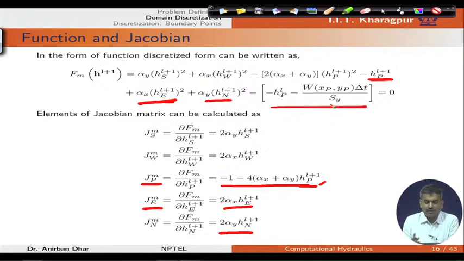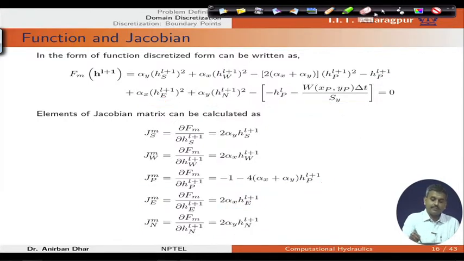Obviously, this is a constant term for function calculation because we are considering this unknown at L plus 1 level. So, with this if we proceed, then we can construct one row of the Jacobian matrix.